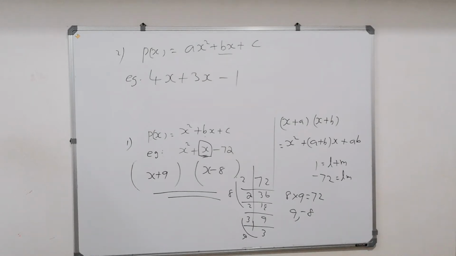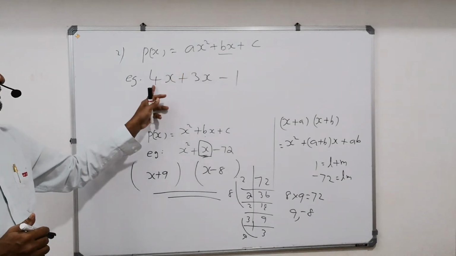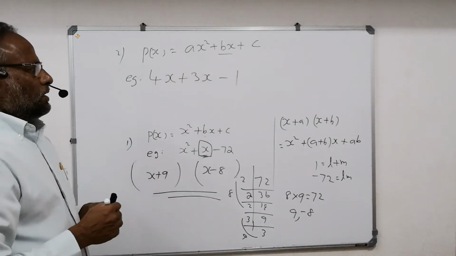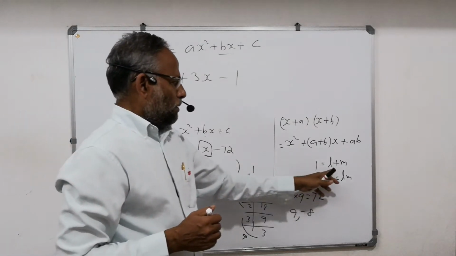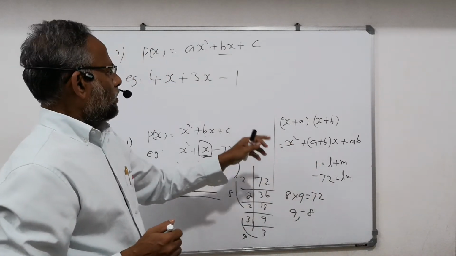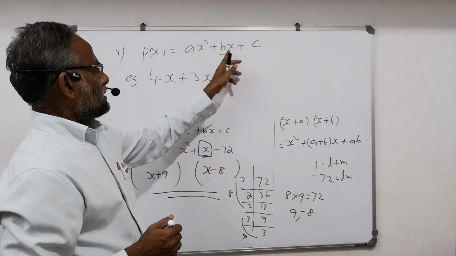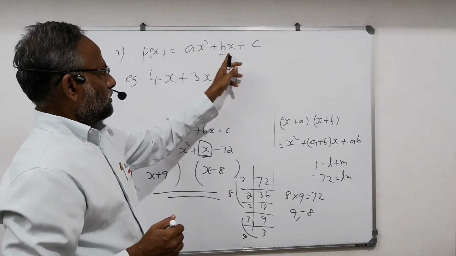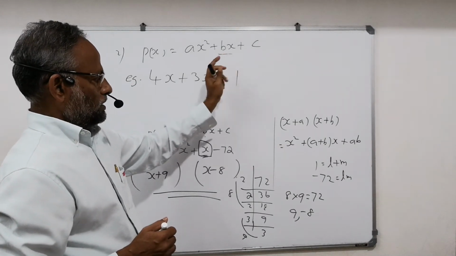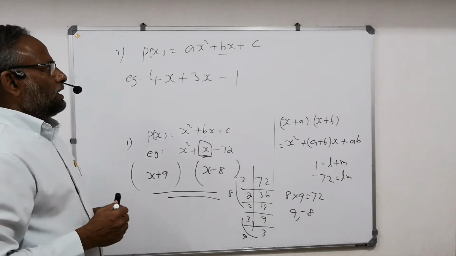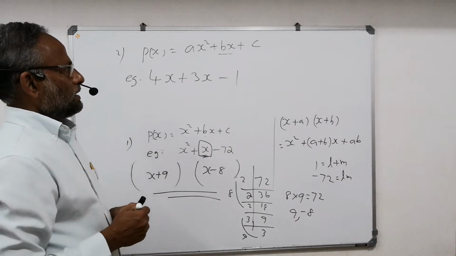How can we do this? Here, a is there. So in that case, you have to take L plus M, the coefficient of x only. L into M, see, L plus M is the coefficient of x. What is L into M? Multiplication.